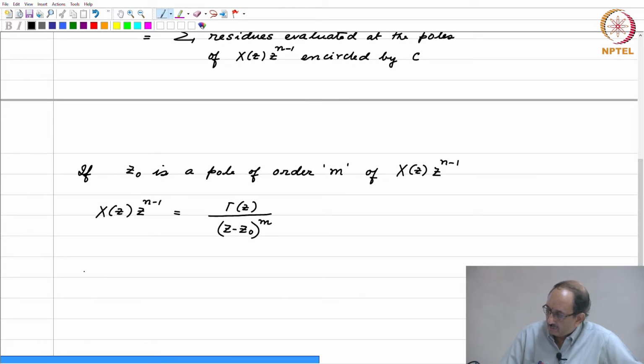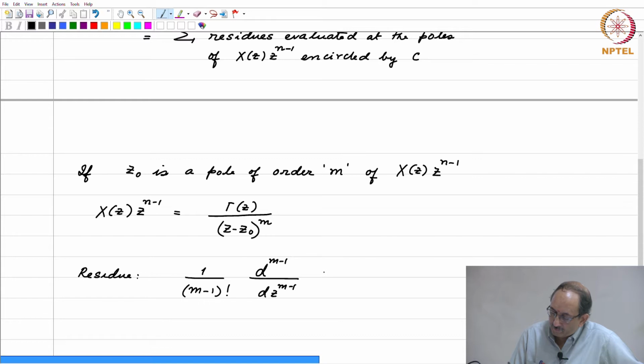And the residue in this particular case is given by 1 by m minus 1 factorial, d to the m minus 1 by dz to the m minus 1 of gamma of z, evaluated at z equal to z naught.